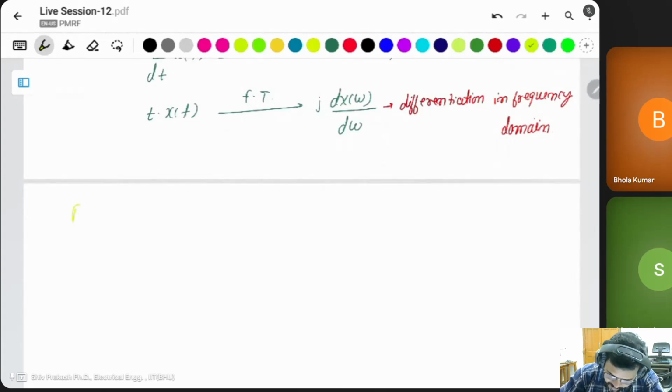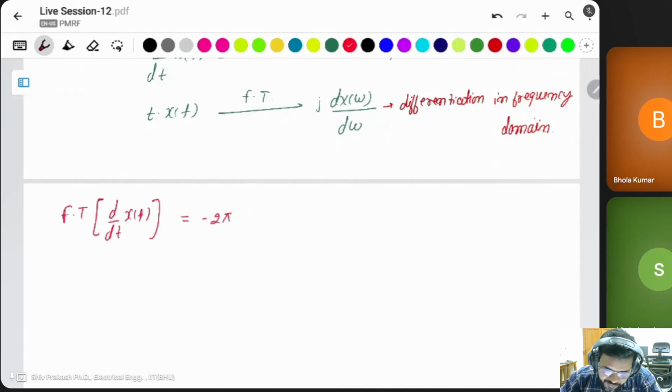It means the Fourier transform of d by dt of x(t) will be equal to minus 2 pi. This is the constant you can take outside, t into x(t).